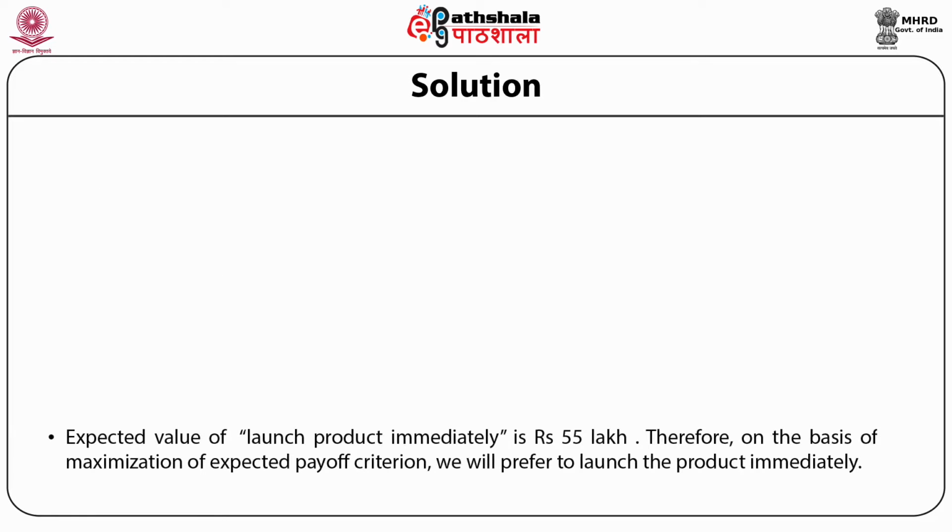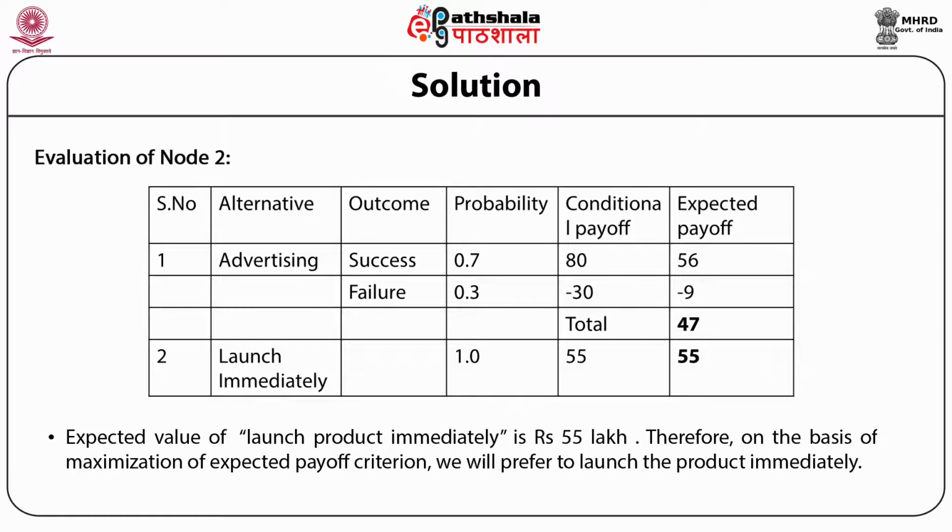Now I will move to decision number 2, that is represented by box number 2. So in this case, again we have two alternatives: go for the advertisement of 6 months or launch it immediately. So in case of advertisement, the probability of success is 0.7, and the probability of failure is 0.3.